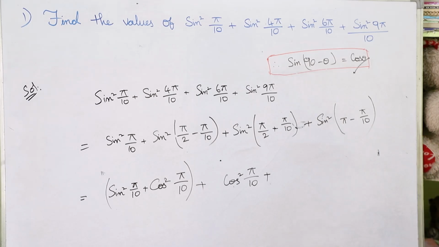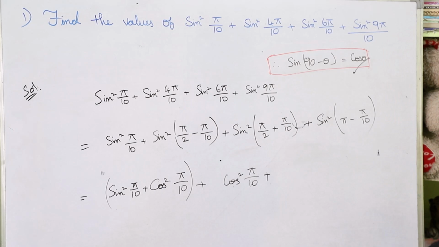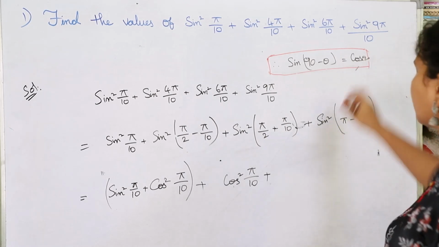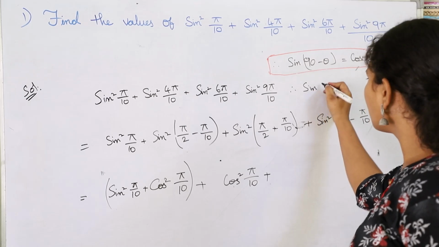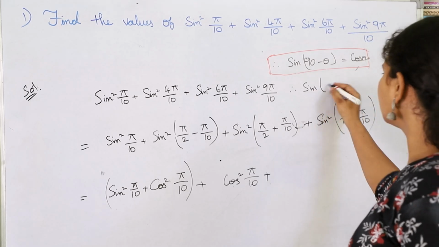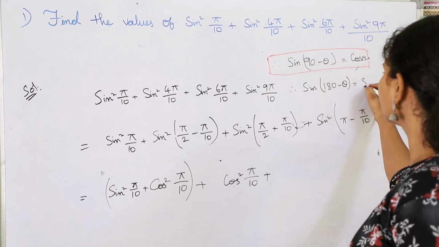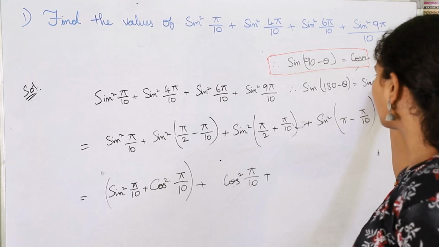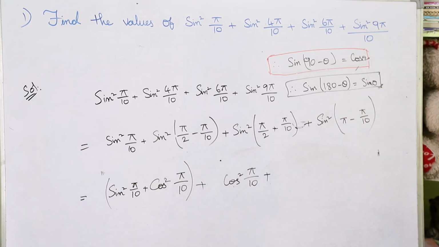Here comes the second identity, let me write it down over here. Sin 180 minus theta equals sin theta. This is the second identity, guys. Sin 180 minus theta equals sin theta.